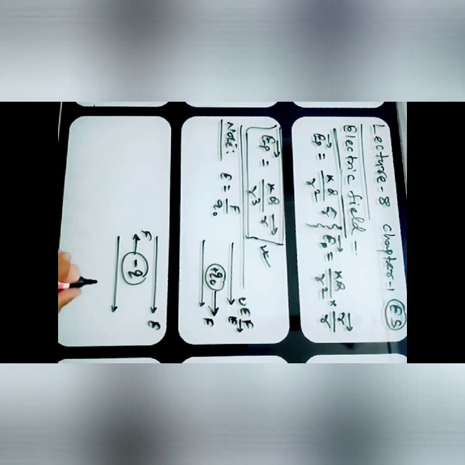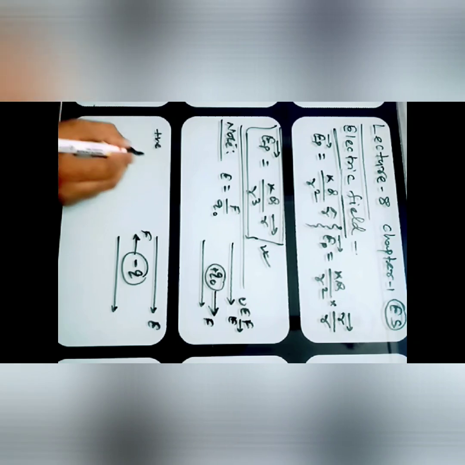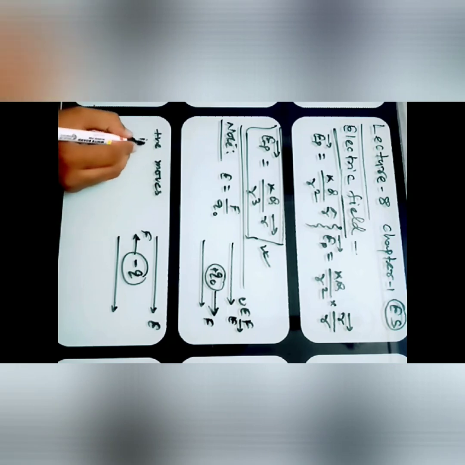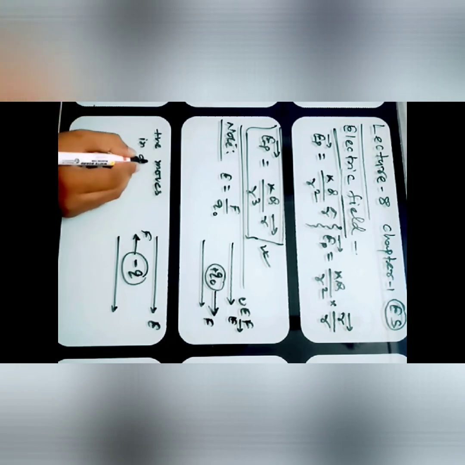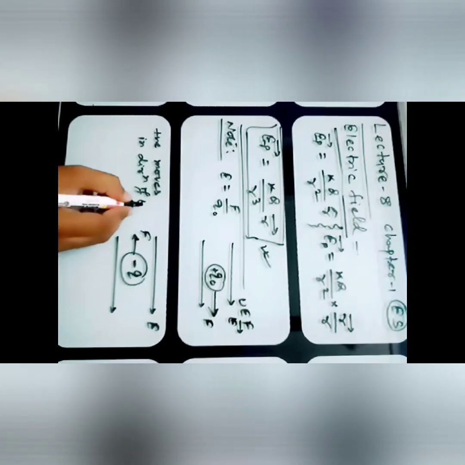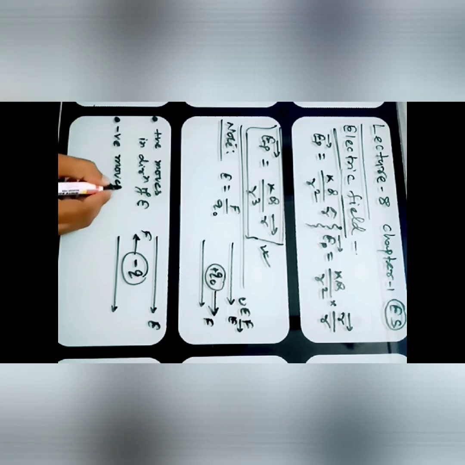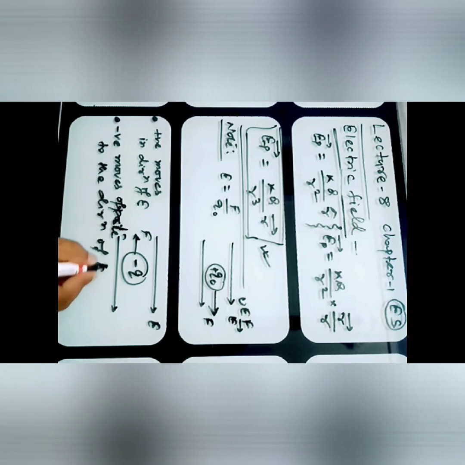Kindly note down. A positive charge moves in the direction of the electric field, and a negative charge moves opposite to the direction of the electric field.